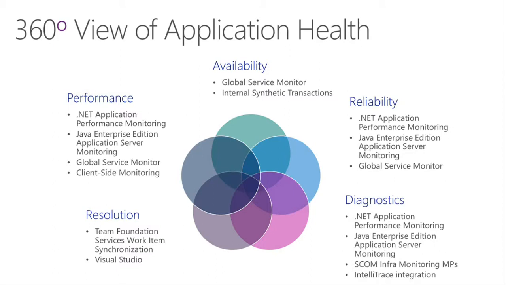You can also do reliability monitoring through our .NET application performance monitoring and also our Java application performance monitoring, which was released in our R2 timeframe as well, including GSM associated with that. You can also do performance monitoring through our APM tools, both for .NET and Java, GSM, and also client-side monitoring.